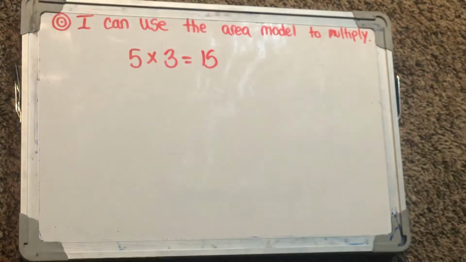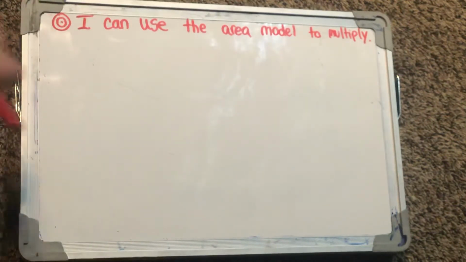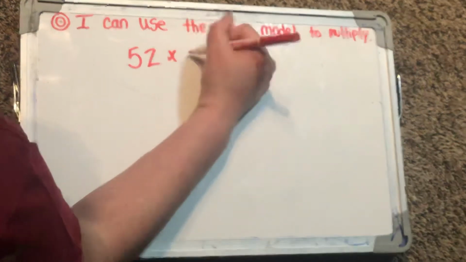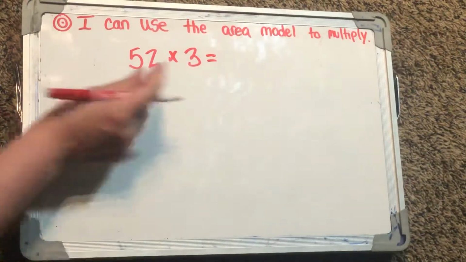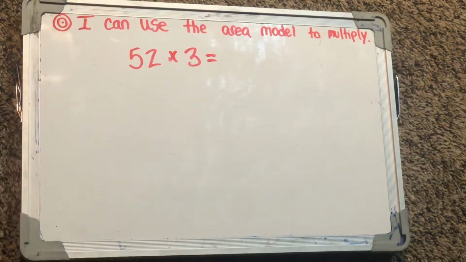Okay? And I don't need to use the area model. However, if I'm multiplying something like 52 times 3, I don't want to draw 52 groups and put 3 in each group and try and count how many I have. That's going to be way too much work.